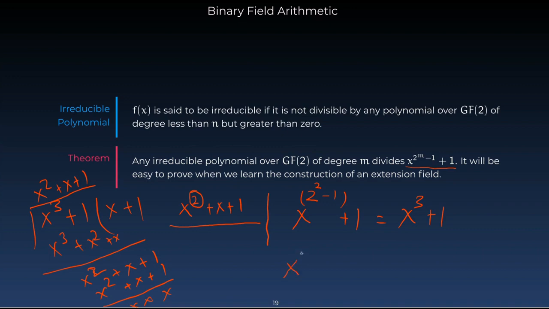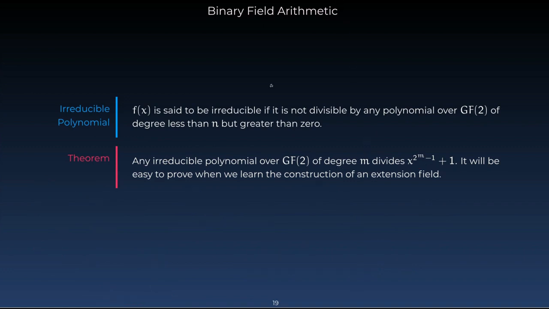Similarly, an irreducible polynomial of degree 3, x cube plus x plus 1, will divide x to the power 2^3, which is 8, minus 1, so 7, plus 1. So this must divide this, and this is homework. You can verify that it is actually dividing. Okay, so this is a very important theorem, that any irreducible polynomial over GF(2) of degree m divides x to the power 2^m minus 1, plus 1. Okay, we will prove this a bit later.